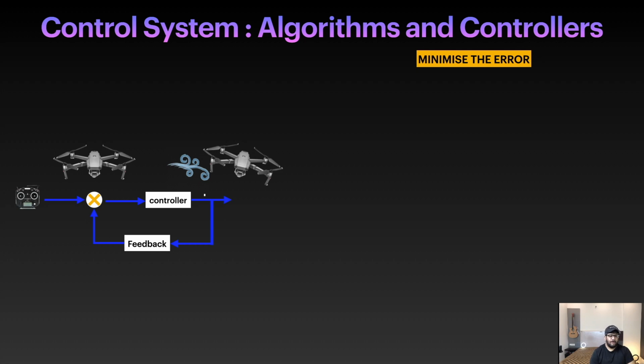There are a lot of different control system algorithms that you can use when it comes to having a closed loop feedback system with the motive of minimizing the error. For example, fuzzy logic. Fuzzy logic is also a type of control system. All these are algorithms which you implement in your firmware using programming and mathematical equations.